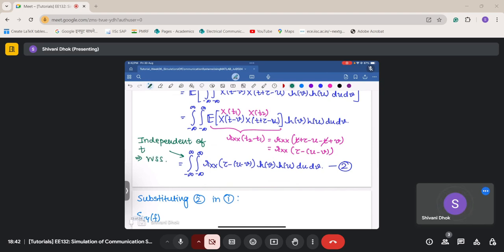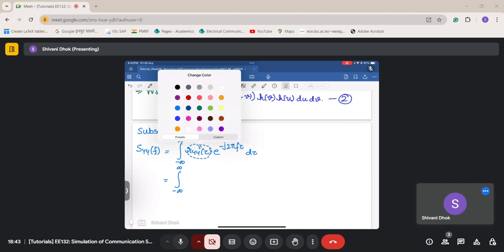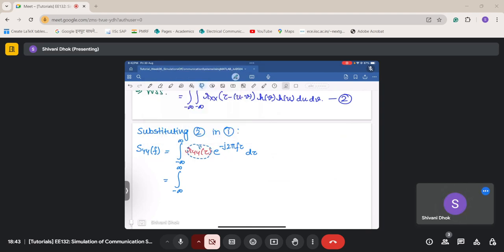Okay. So now let's take this Syy of f, which we had written as integral from minus infinity to infinity of Ryy of tau into e power minus j 2 pi f tau d tau. Now we'll substitute this Ryy of tau. Let me change the color, make it red. So let me substitute equation 2 here.